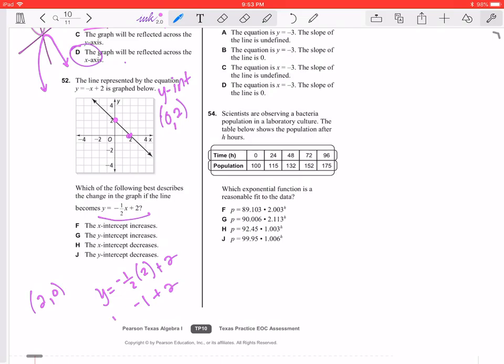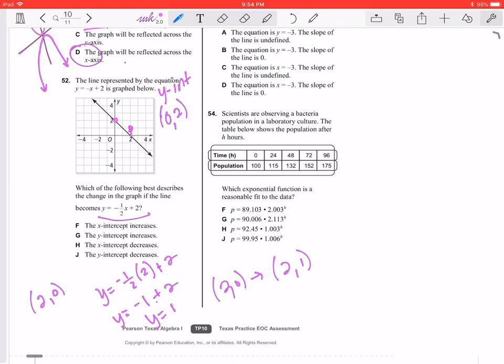So y is going to be equal to 2. Oh, sorry, not 2. That's going to give us 1. So that new coordinate point, we're going to go from 2, 0 to 2, 1. So if we're talking about going from 2, 0, it's now going to get moved to here. It's going to get shifted up.